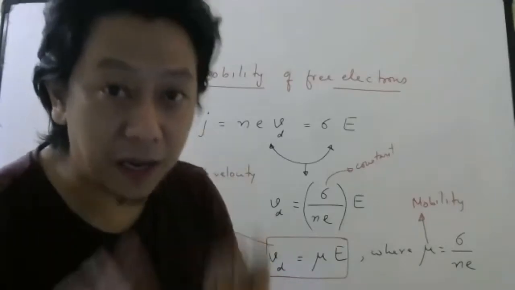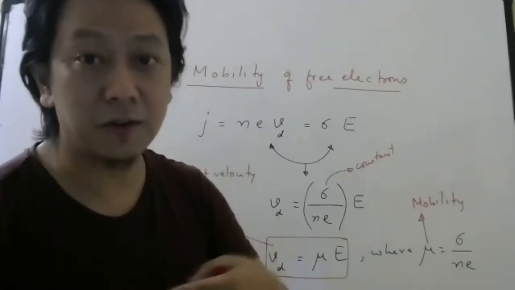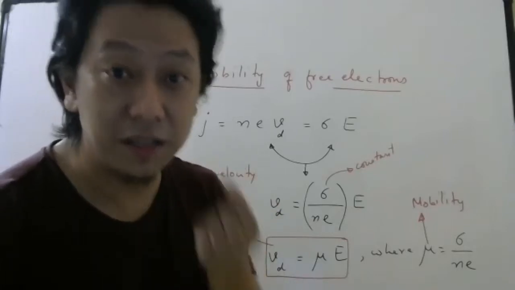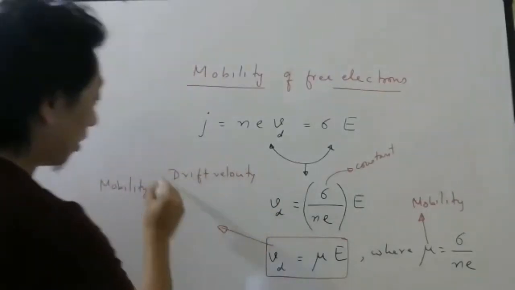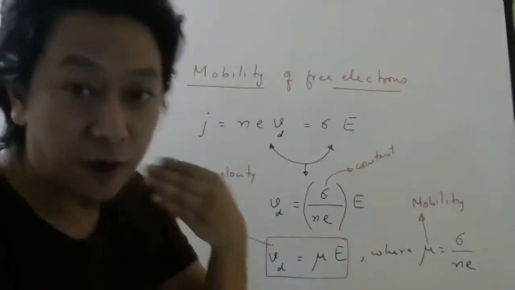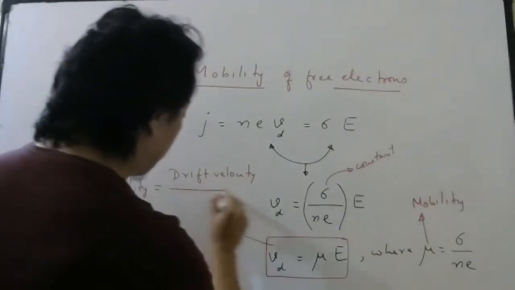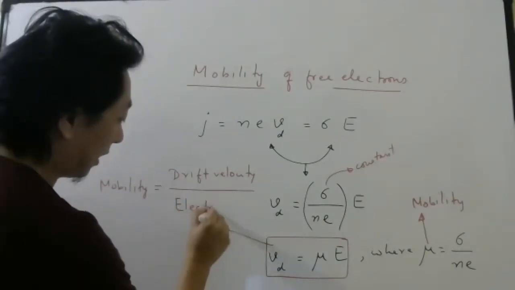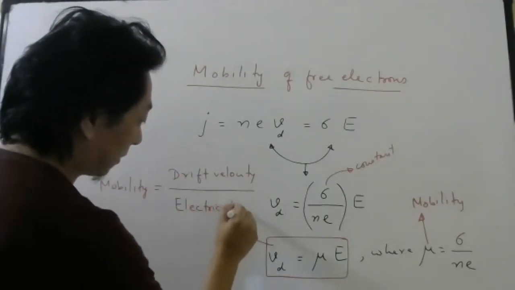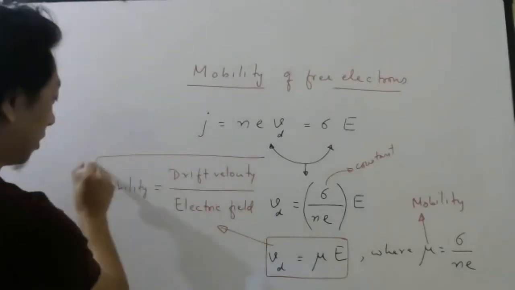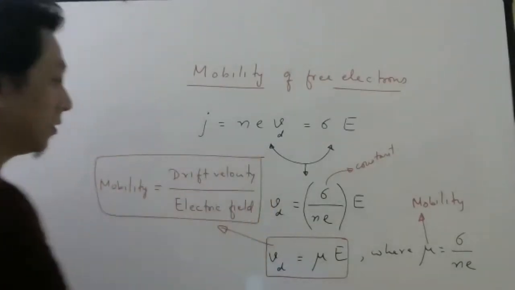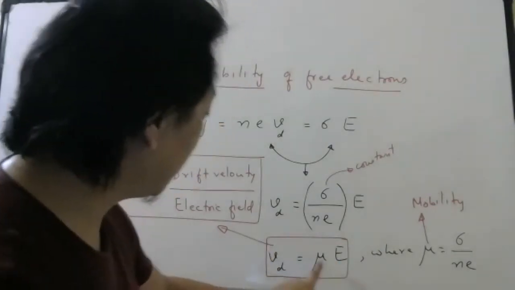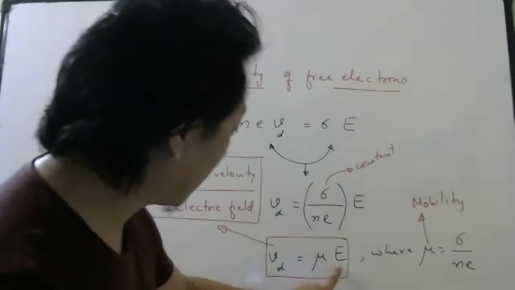Only after applying electric field, electrons acquire an average velocity which we call drift velocity. So the ratio of drift velocity acquired by electrons per unit electric field is called mobility.